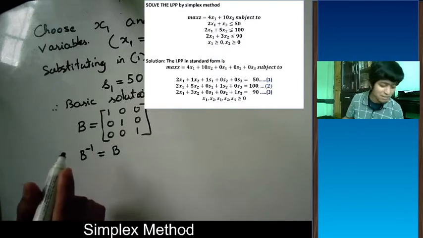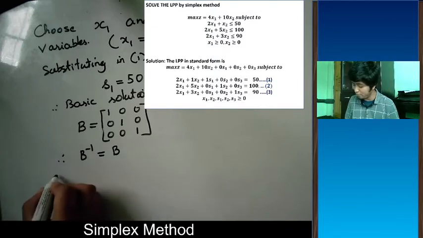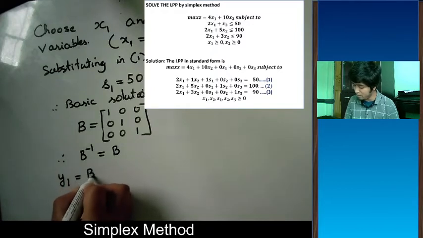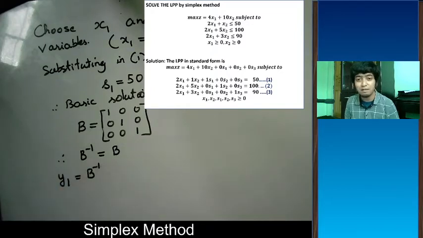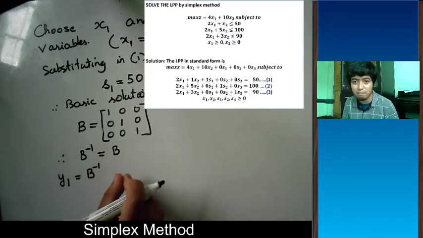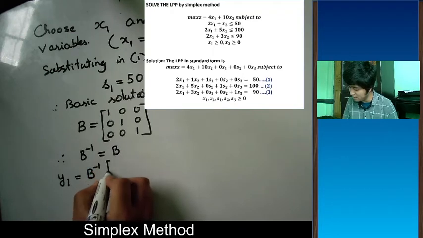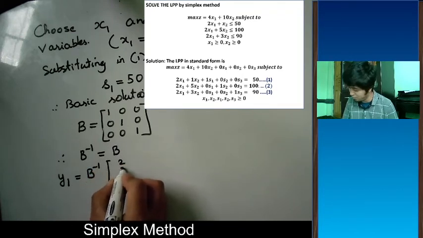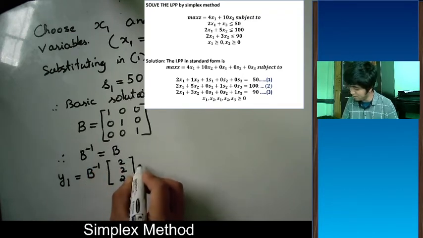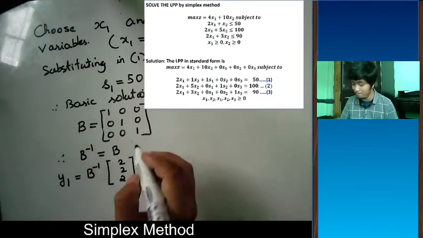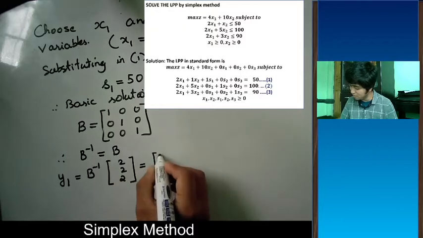After finding B inverse, we will find Y1. It will be B inverse times the first column of equations 1, 2, and 3, which is 2, 2, 2. But B inverse is the identity matrix, so it will remain as 2, 2, 2.